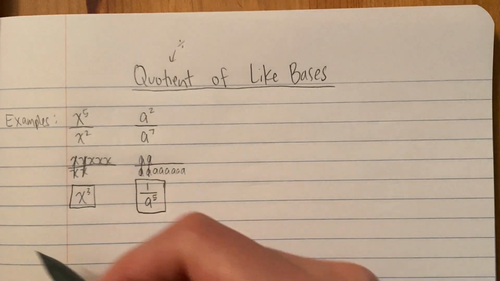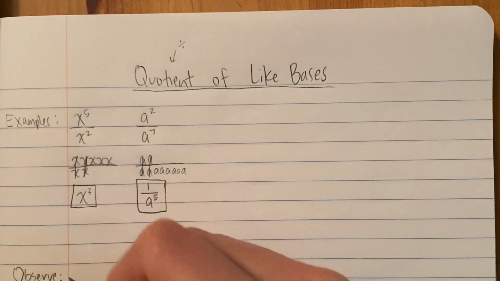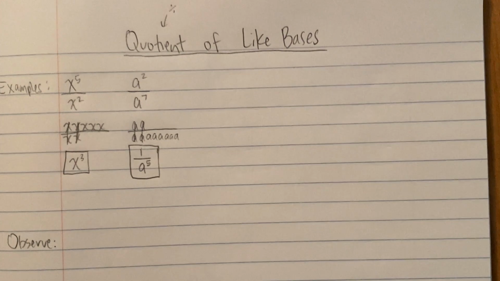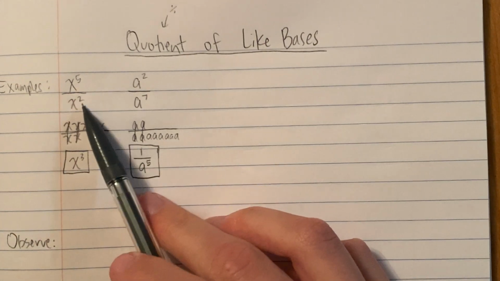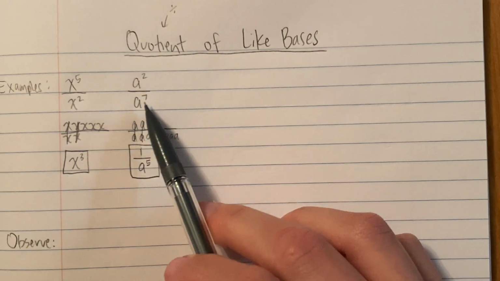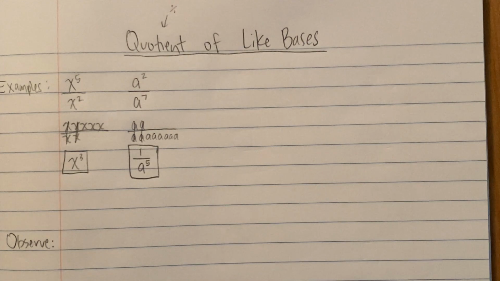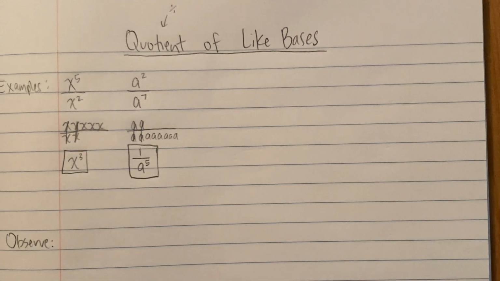Now what I want you to observe is what's happening with the exponents here. How did I go from x to the 5th over x to the 2nd to x to the 3rd? What's the shortcut? From a to the 2nd over a to the 7th, which is 1 over a to the 5th, what's the shortcut? The shortcut is subtraction.